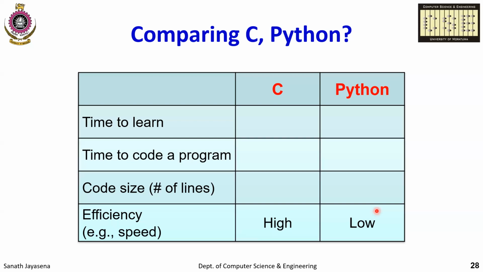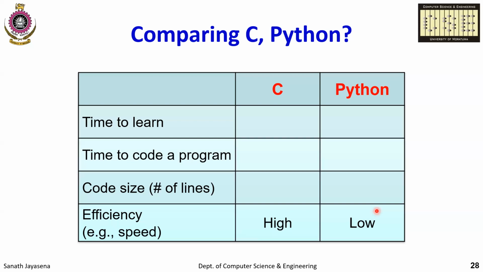Whereas C, on the other hand, is a compiled implementation, and at the time of compilation, because the C language is not really that user-friendly, you have to write specific code to get things done.